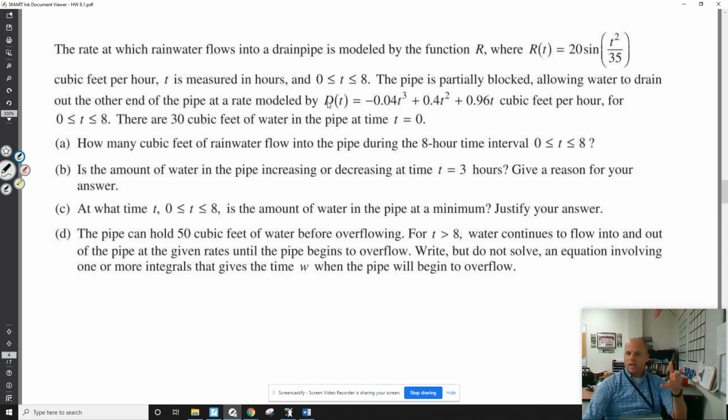The antiderivative of d would be an equation that would be like a total. It's almost like r is a velocity and its antiderivative being a position, but the position would give me how much has flowed in, how much has flowed out if I took the antiderivative of that.